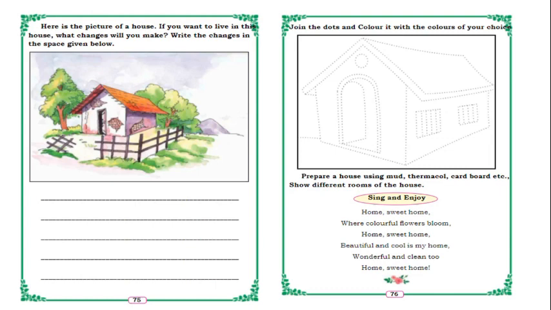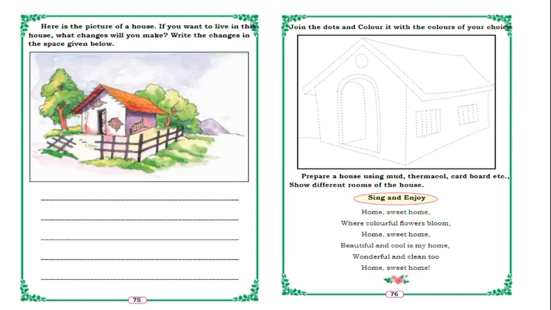So in the next picture, here is the picture of a house. If you want to live in this house, what changes will you make? Write the changes in the space given below. So children, here one house picture is there. If you want to live in this house, you can make changes as you like.